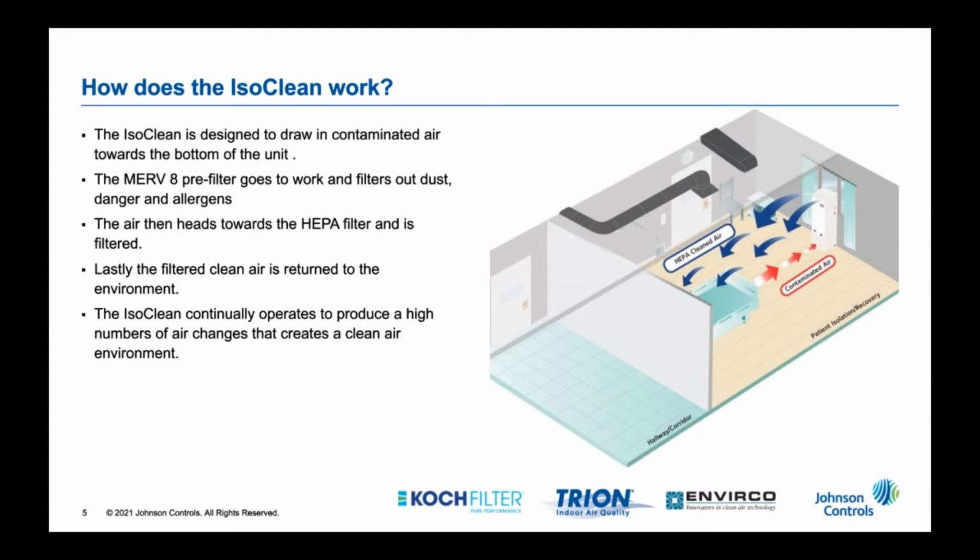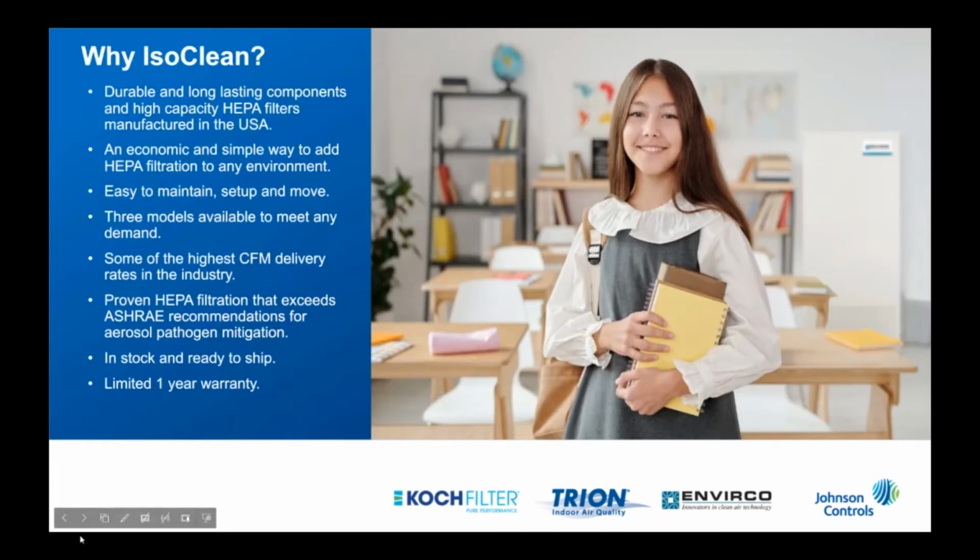So they go in through the bottom of the unit, and in the case of the graphic here, we're just showing 100% recirculation, drawing air in from the space and putting out HEPA cleaned air back into the space. So the air goes in through a MERV 8 antimicrobial pre-filter, then it goes through the HEPA filter, and lastly, it's discharged out the top of the unit back into the space.